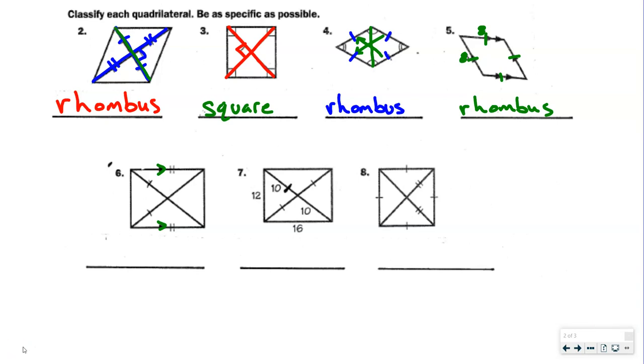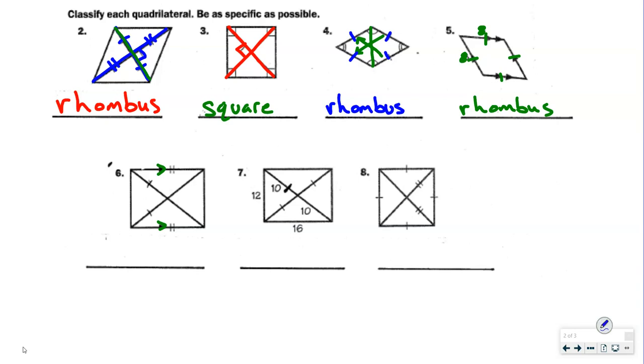And this isn't written in your family tree, but we did talk about a way to prove that it's a parallelogram by one set of opposite sides being parallel and congruent. So that's what we have here. We have one set of opposite sides, both parallel and congruent. So we know it's a parallelogram.